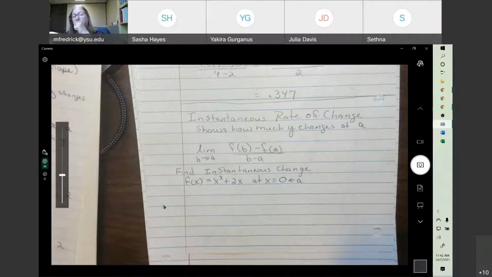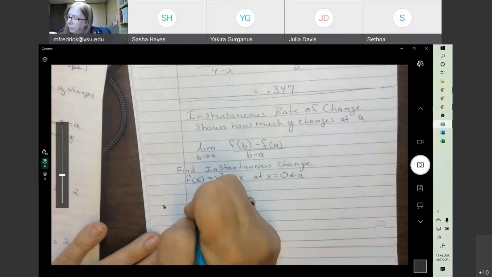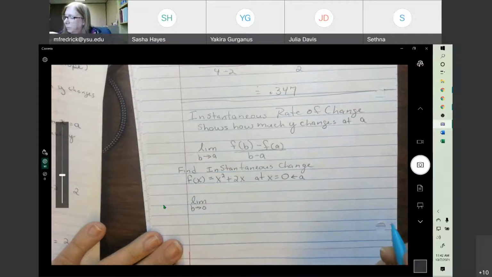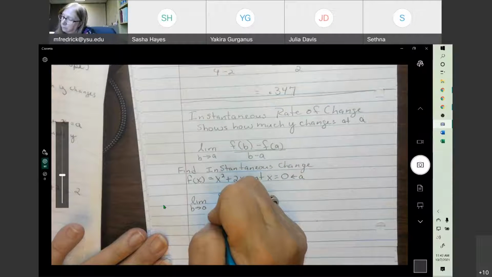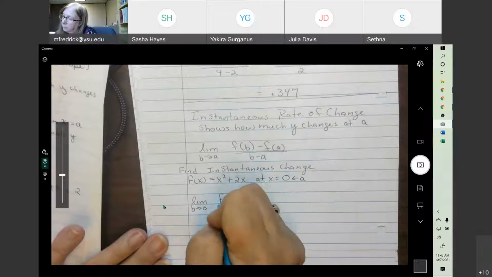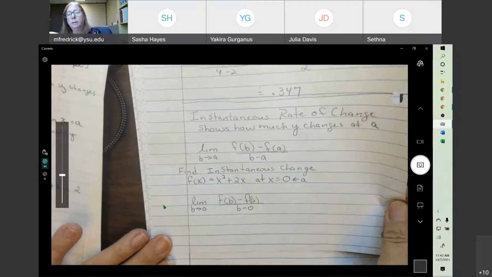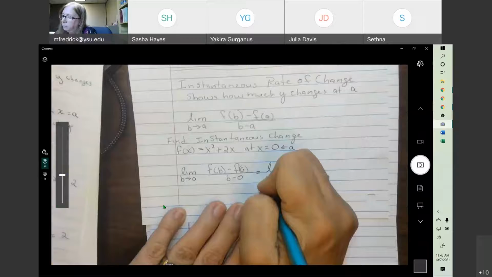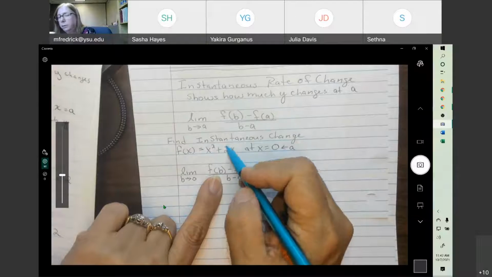This is your A. When we plug it in, it's the limit as b approaches 0 of f of b minus f of 0 over b minus 0.